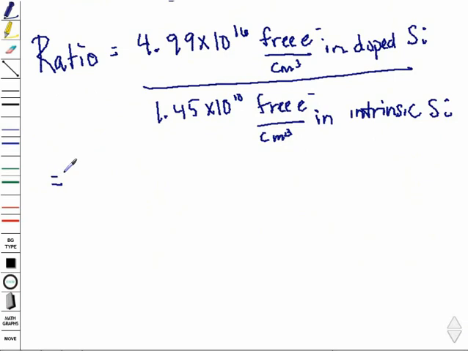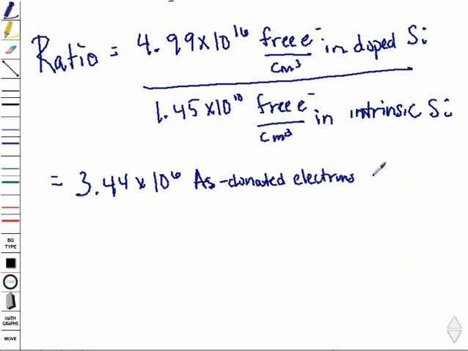We get an answer of 3.44 times 10 to the 6th arsenic donated electrons per intrinsic silicon electrons.